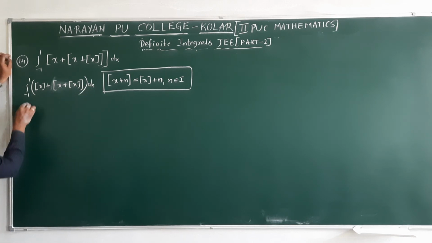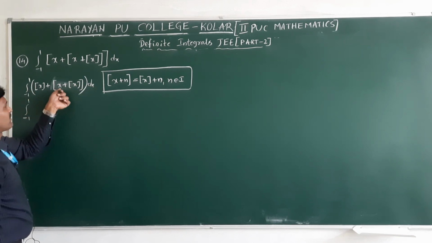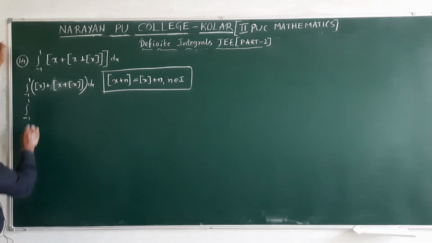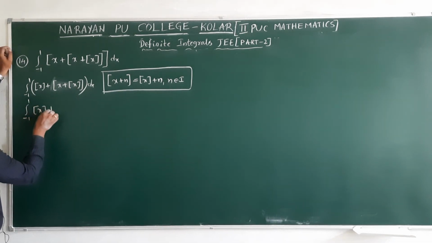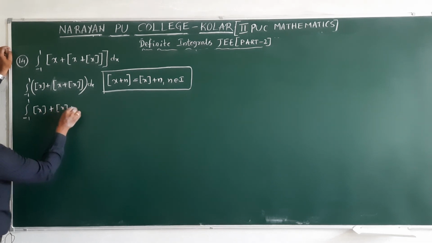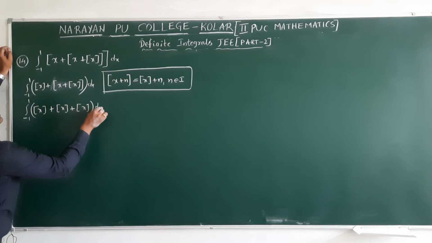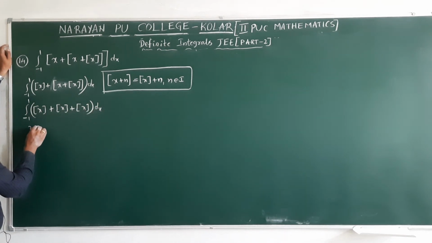Next, again minus 1 to 1, the same formula step of x plus n form, because this gives an integer. That's why step x plus step x, and one more thing. That's why in total we will get 3 step x.